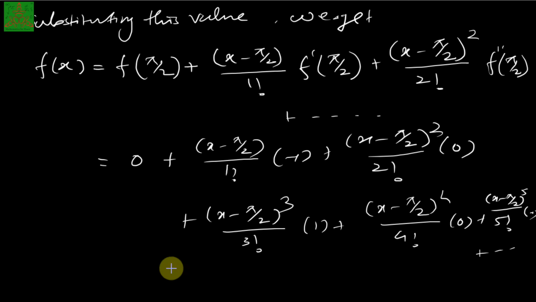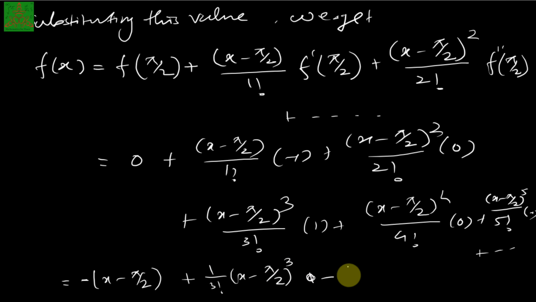So the final answer is minus x minus pi by 2, plus 1 by 3 factorial x minus pi by 2 cube, minus 1 by 5 factorial x minus pi by 2 raised to 5, and so on. So this is the Taylor's expansion of cos x in powers of x minus pi by 2.